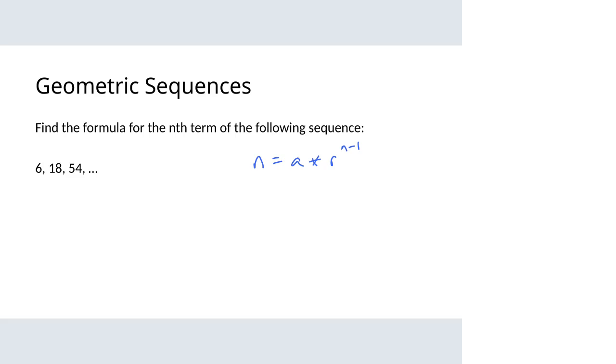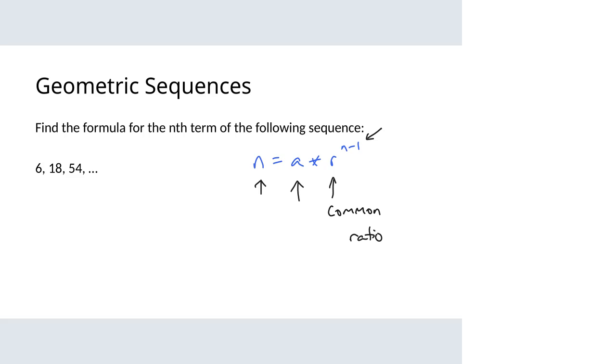Just because an x can look like a variable sometimes, I'll have you use an asterisk for multiplication. Keep in mind that n and n minus 1 are going to stay as part of our formula. We're just plugging in what's a, your starting point, and what's r, your common ratio.